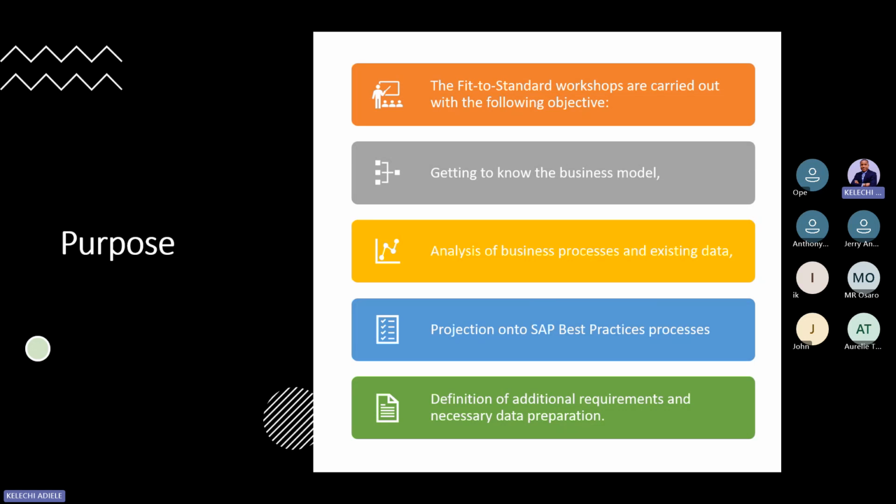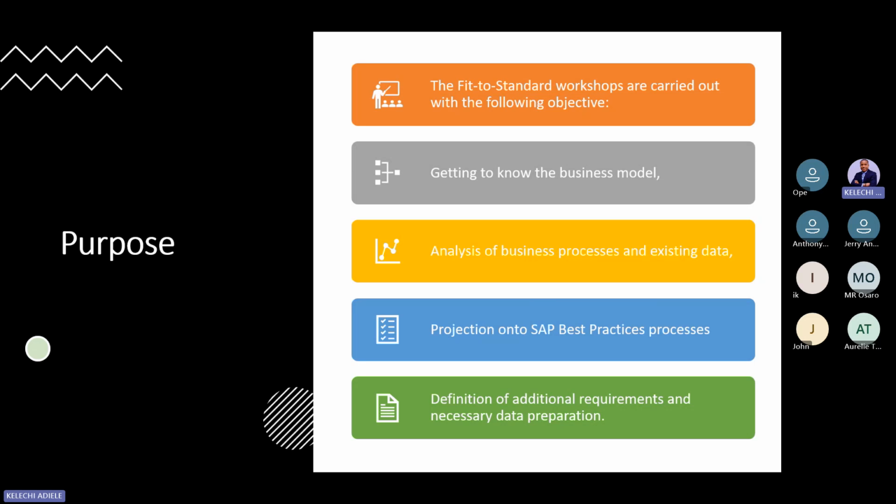Then projection onto SAP best practice and processes. Best practice is standard process. So for example, if we're using SAP, it already has a standard way of working within the system, so you have to make sure you project that standard.